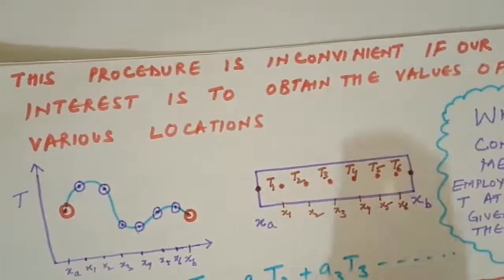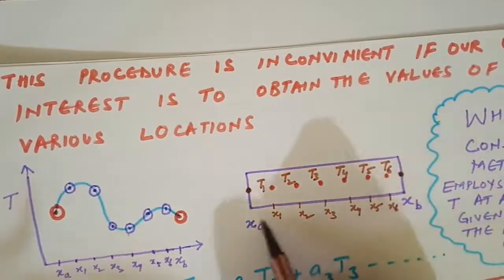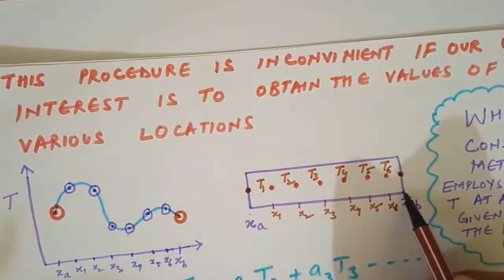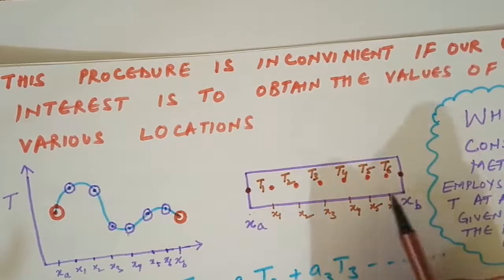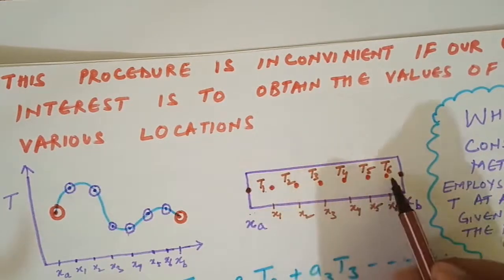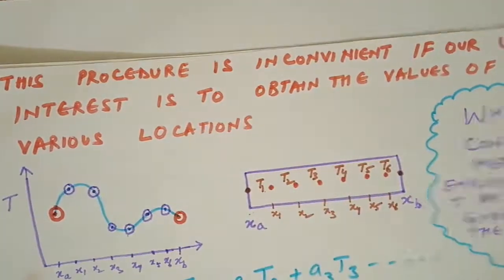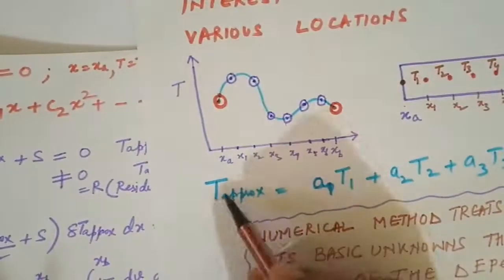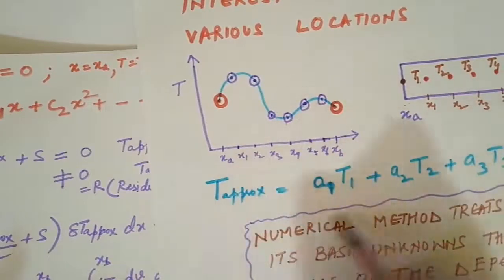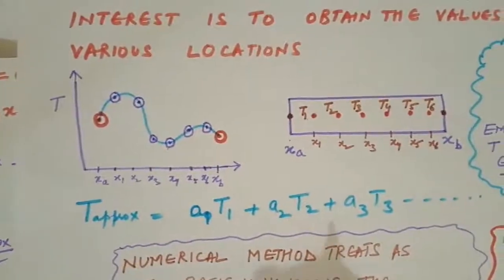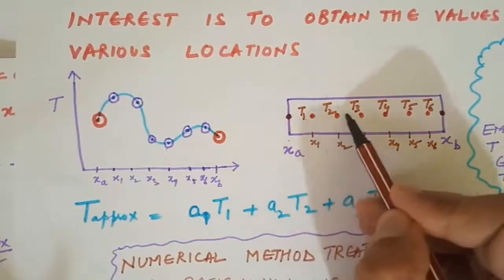For instance, this was the computational domain, say this is a bar and these are the two boundaries, and you intend to find temperatures at these locations. So when you approximate the function using this formulation, after solution this will give you values of temperature at exactly these locations.